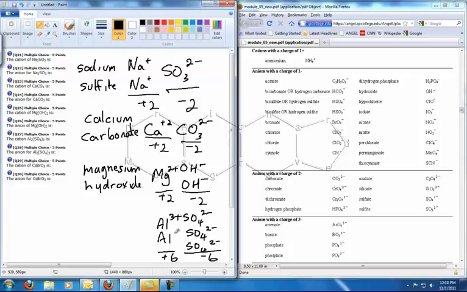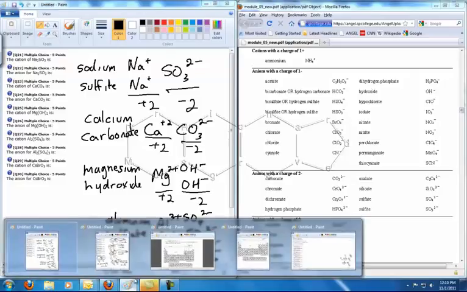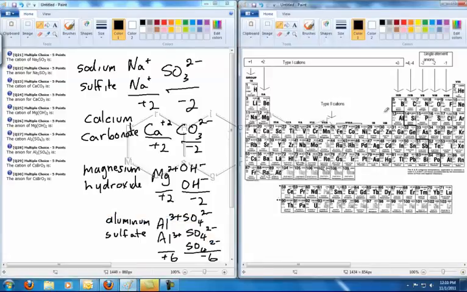Each aluminum would have to be 3+, so we match that up. And the name of this then would be aluminum sulfate. Again, we know that aluminum is in group 3, so it has a +3 charge all the time. No need to put a 3 in the name. Likewise, sulfate is always -2. Alright, so that's the name of that.